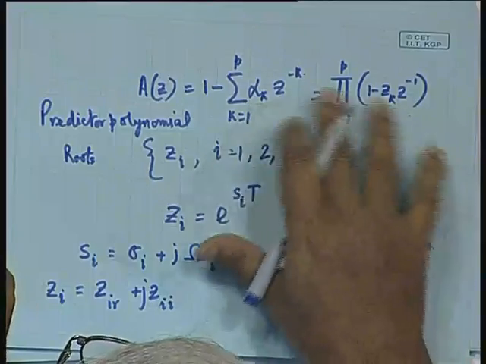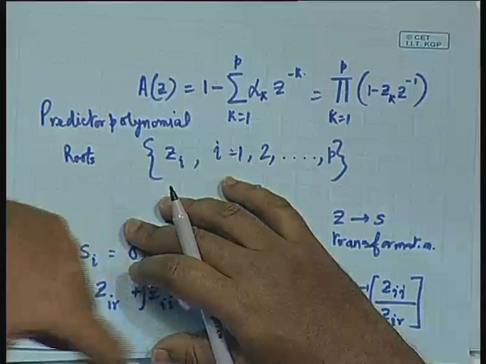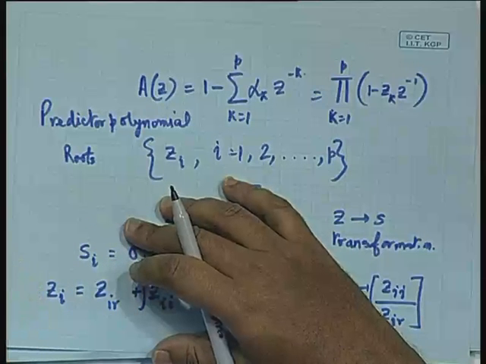One thing we must note about this approach is that whenever we factorize like this, there is an inherent assumption that the system has all poles.